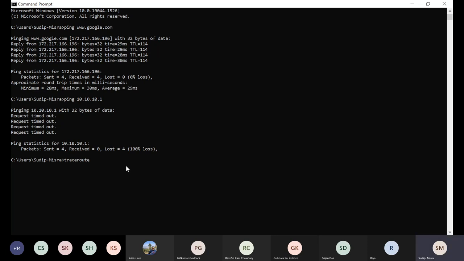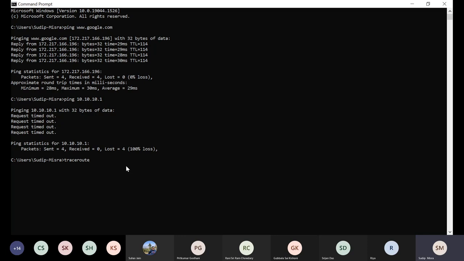This traceroute can help you understand how a particular host is connected to the other hosts, that is, what routers are connected to it.